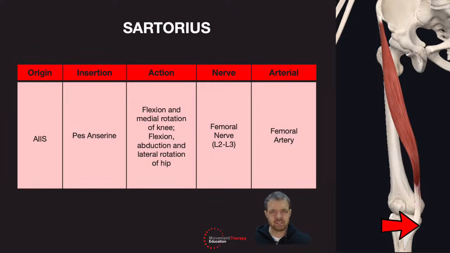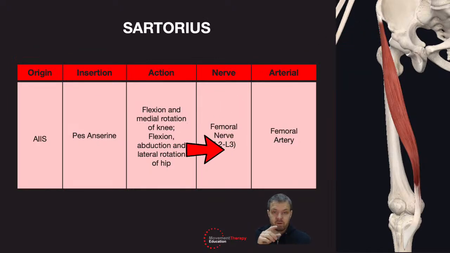Okay, so it's going to act on the knee because it crosses the knee joint. Flexion, abduction, so taking the leg out to the side, and lateral rotation of the hip. But the moment arm on that is really small, so it's not going to be able to generate the forces. It's not the main mover of those movements, although it does do those movements.